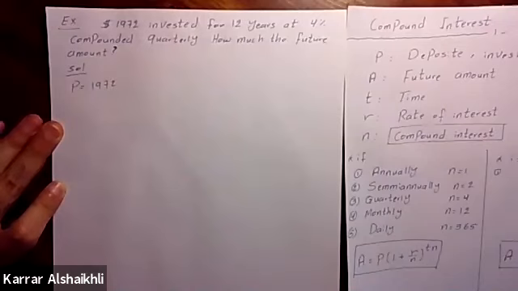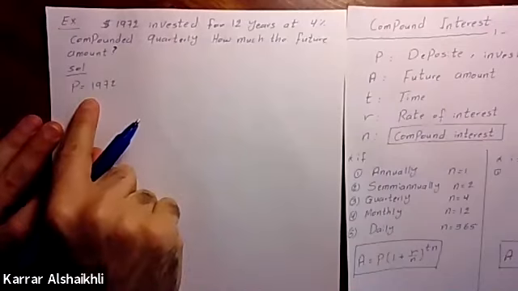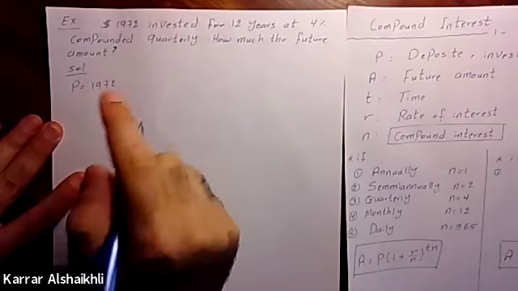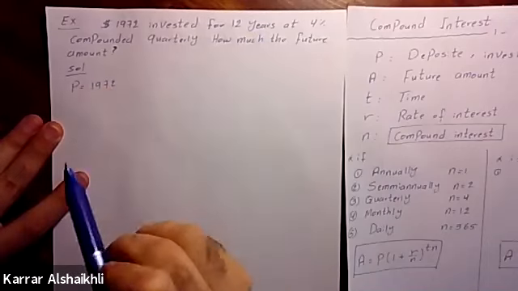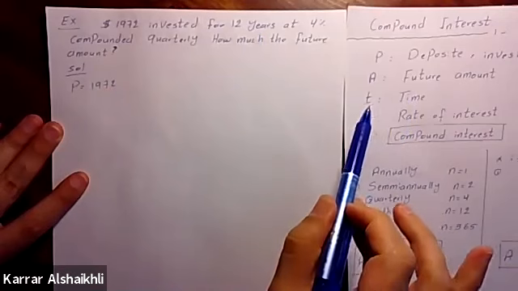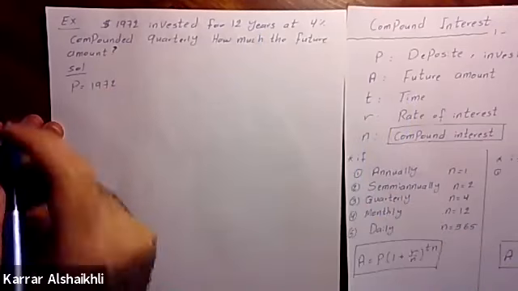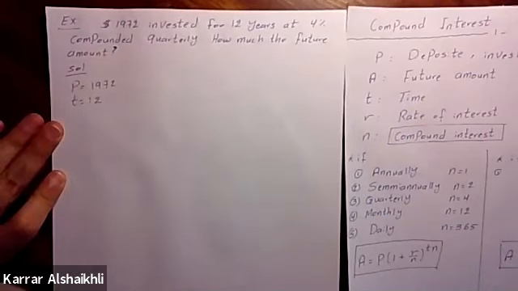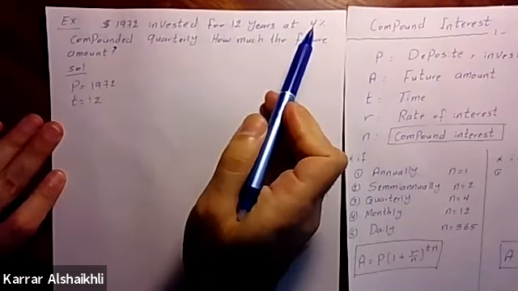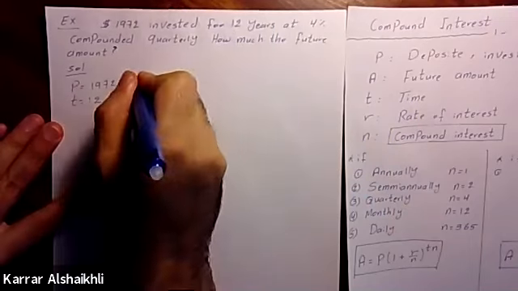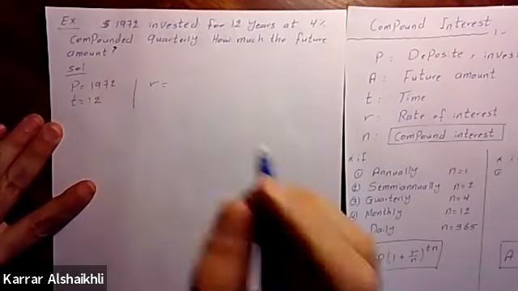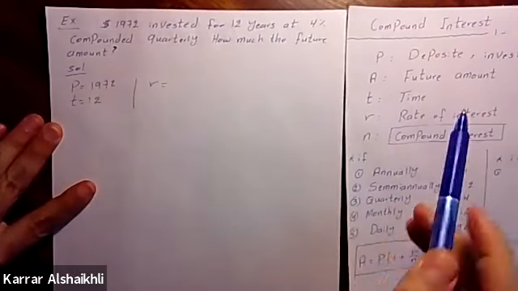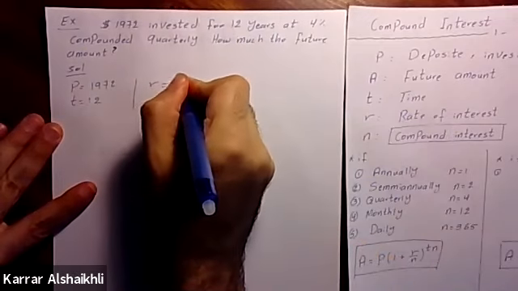This is P, invested. I'm going to invest 1,972 for 12 years. That means the time is 12 years. So T equal 12 at 4%. That means the rate of interest is 4%.